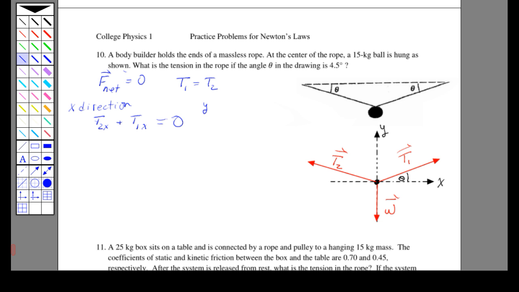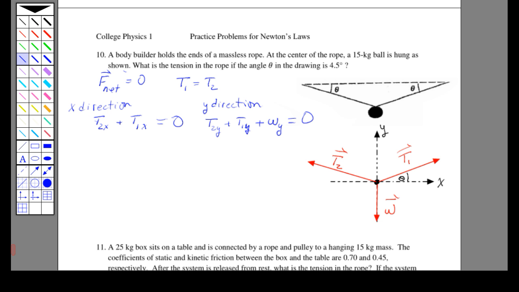And in the y direction, we have the y component of T2, the y component of T1, and the y component of the weight. Again, since this is in static equilibrium, the sum of these components should equal 0.